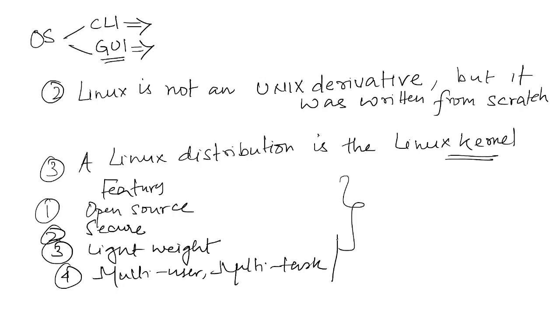Now we have learned about the features of Linux, but the question still comes to our mind: what is the difference between the Windows operating system and the Linux operating system? There is a simple block diagram available with me, and if I show it to you, it would be much clearer.